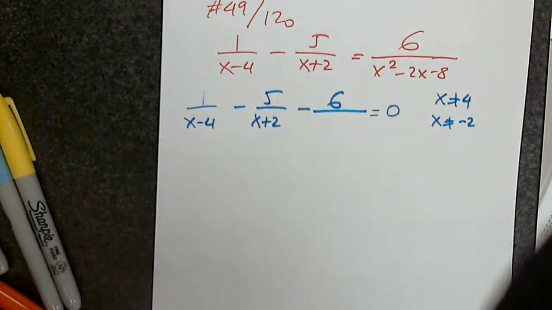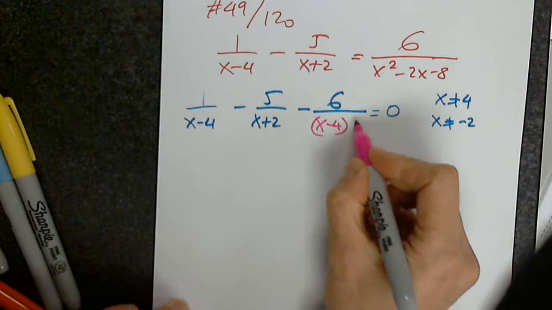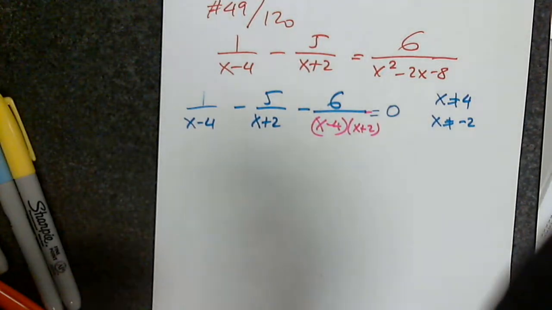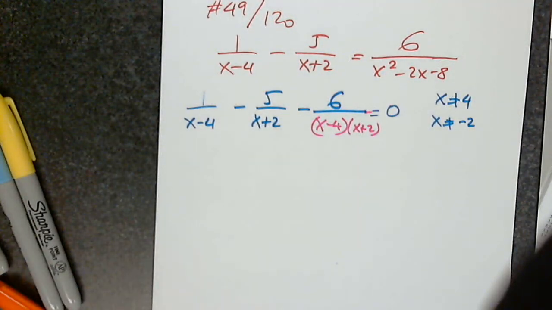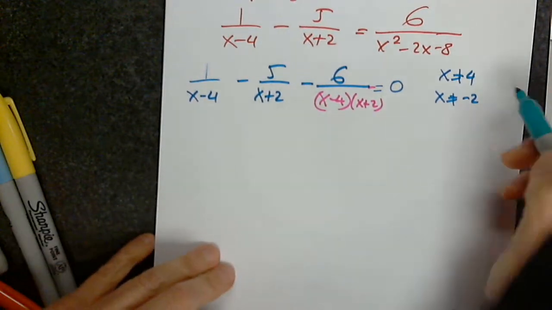X minus 4 and x plus 2. Right. So I was expecting that. But just to be cautious, always look at the last or factor everything before you state restrictions. But yes, we were expecting that. Good. So these are correct.